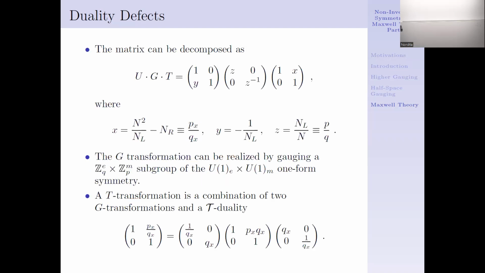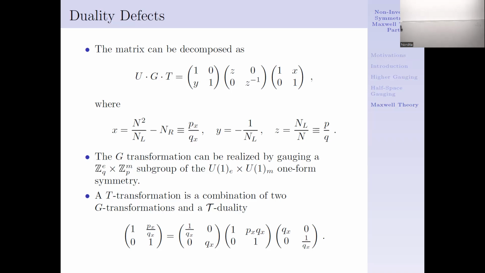So let's start first with the middle element here, the action of this element on tau. This transformation sends tau to Z squared times tau, and it can be realized by gauging a ZQ times a ZP subgroup of the one-form symmetry.